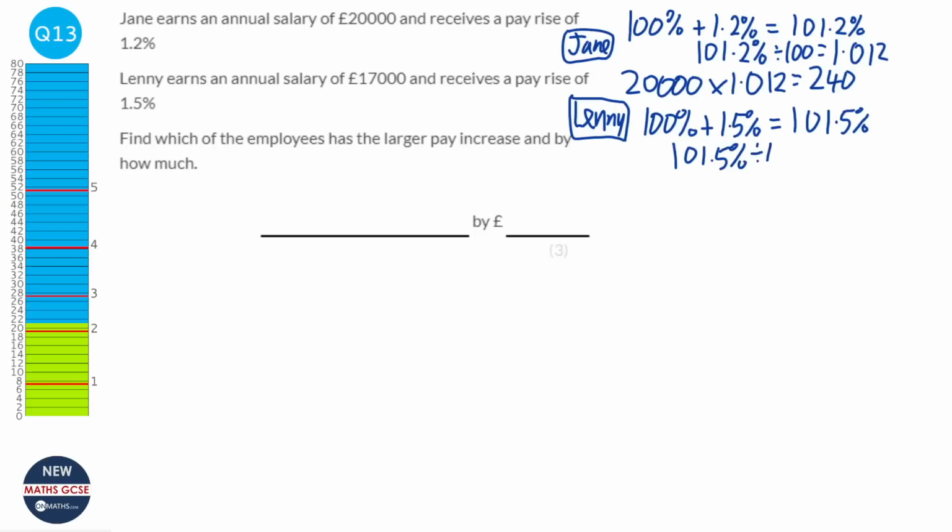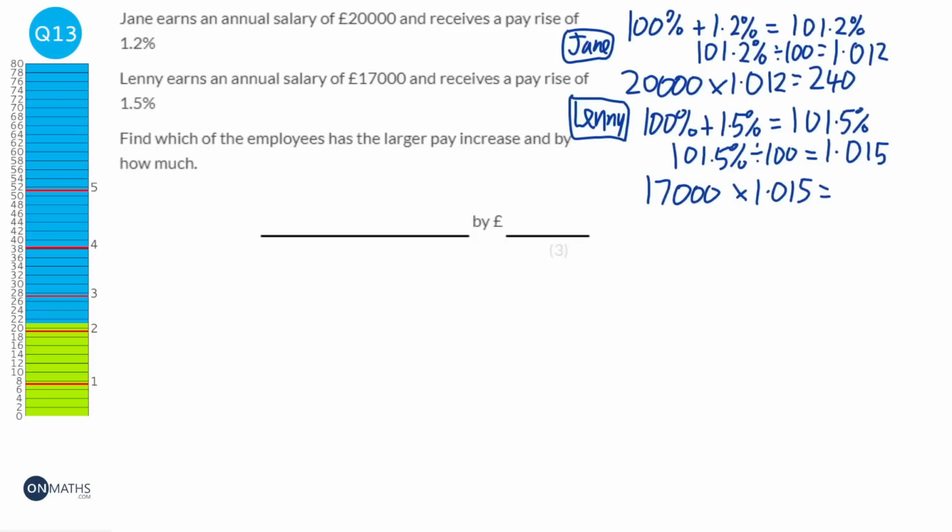We divide that by 100, which gives us 1.015. And then finally we take the 17,000 times it by the multiplier. And when we do that, we get 255. So Lenny has 255, Jane has 240.